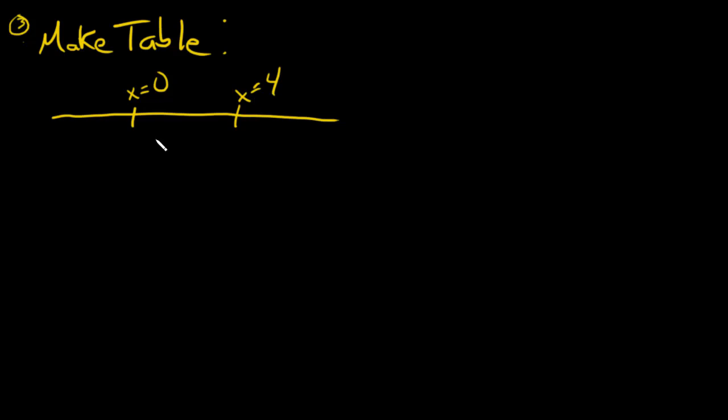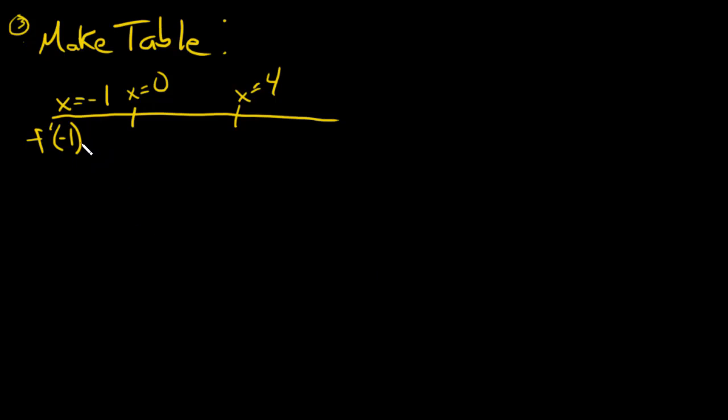Okay, so for those two critical numbers, I need to do test values on either side. So give me a value less than 0. I agree. x equals -1 sounds perfectly fine. And as always, I'm going to plug that into f prime because I want to know the behavior of the slope to either side of the horizontal slopes. Is it going up? Is it going down? What's going on?